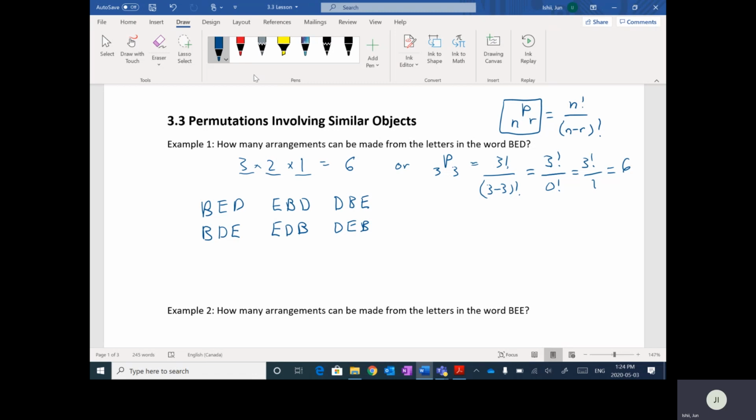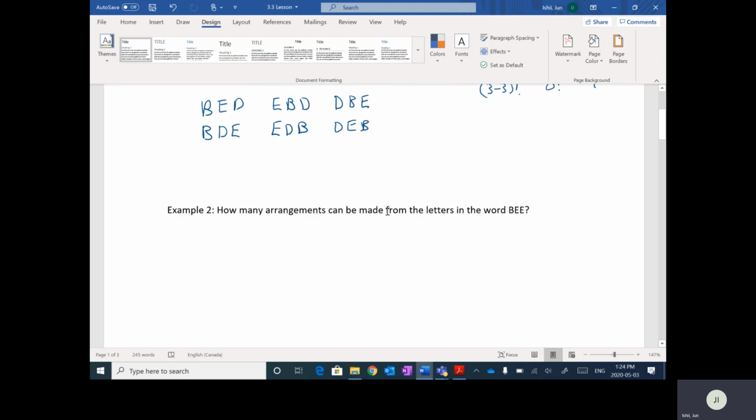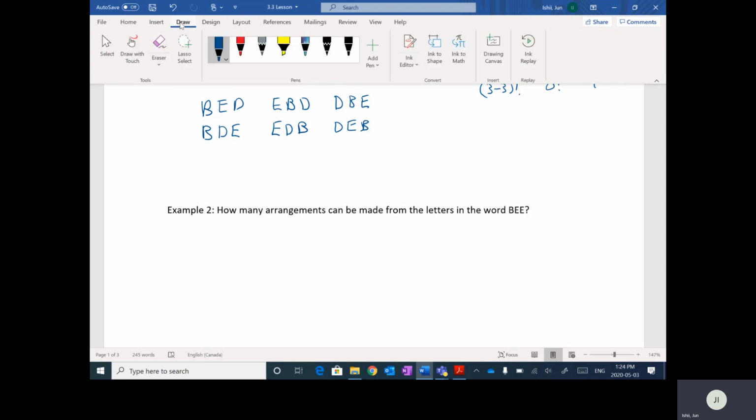Now, if I scroll to the next example, it's asking how many arrangements can be made from the letters in the word B, E, E. What you'll notice is that we replaced the D with an E, and I have 2 E's now. If I go back to this list and switch all the D's to E's, here I got BEE, BEE.